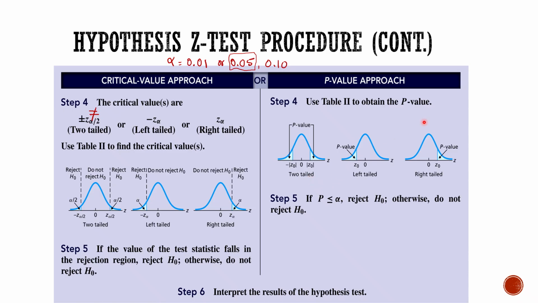So we start with the test statistic value and we place it on the standard normal curve. There's no reject or do not reject regions applicable in the p-value approach. Do not mark regions with reject and do not reject for p-value.